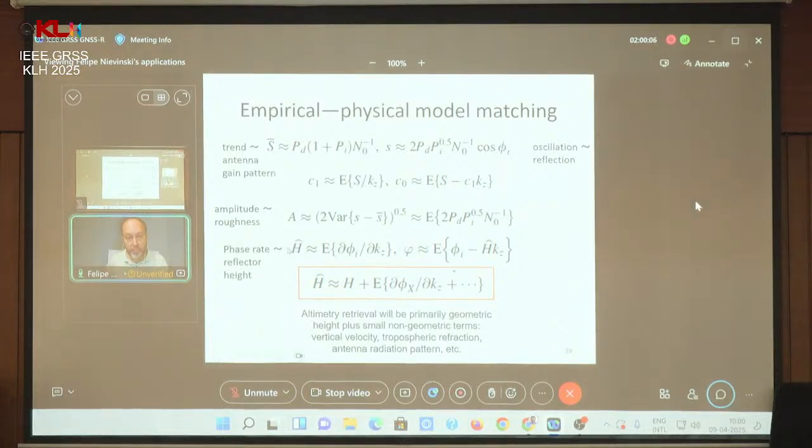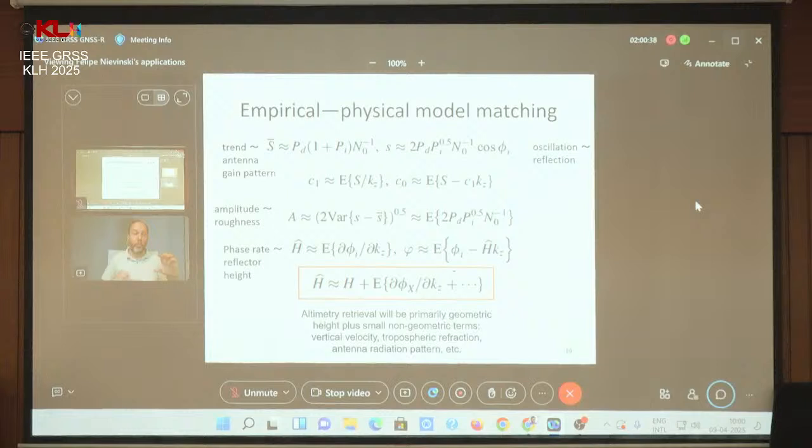So let's just focus on the reflector height. The reflector height will be the geometric antenna height, again, as if you were measuring with a ruler, plus the rate of change of your compositional phase component with respect to the vertical wavelength.